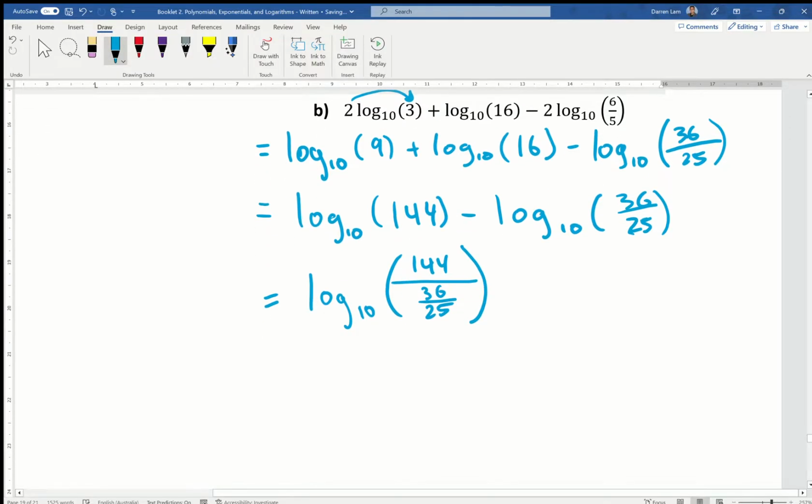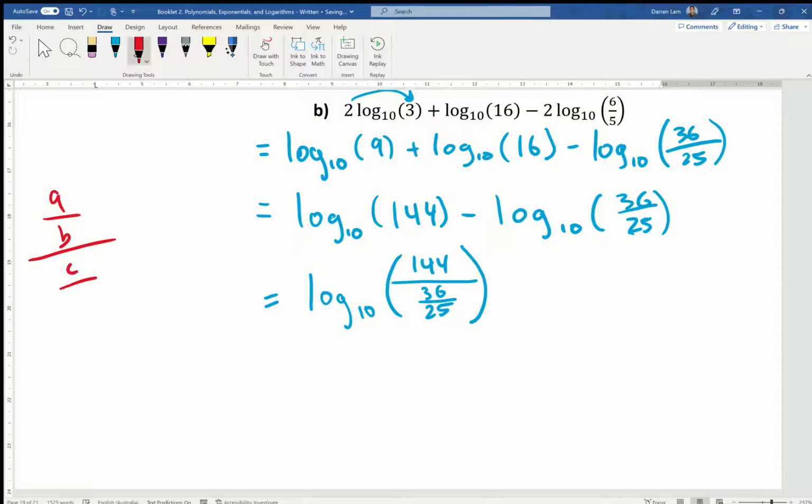Now, I'm taking a couple of shortcuts. Remember that, for example, and you don't have to write this down, a over b all over c over d equals ad over bc, right? And that is just stemming from the fact that when you multiply, you flip. How nostalgic.